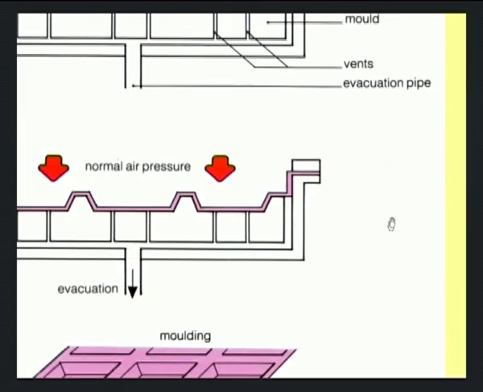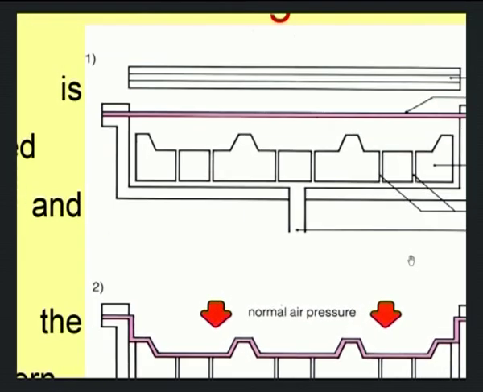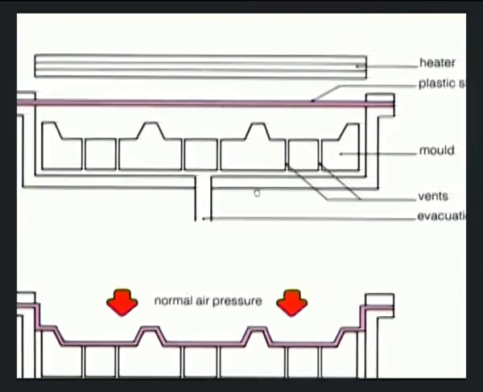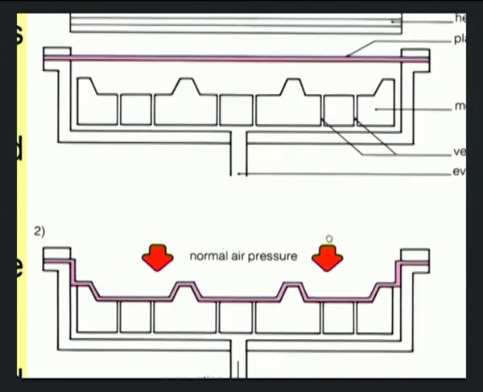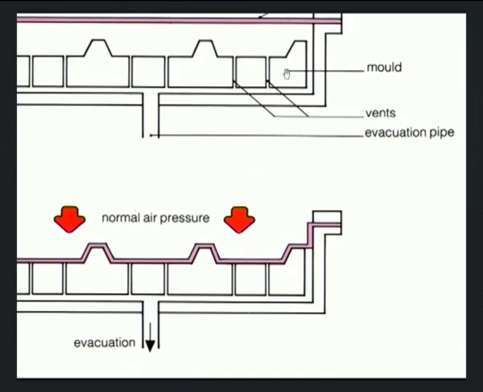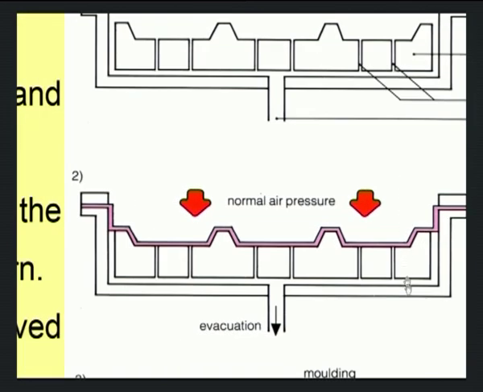So, in the first stage, the plastic sheet is clamped and then heating is provided. A heater will be on, and in such a way this plastic sheet would get softened. Next, the heater will be removed. So, this is the mold and these are the vents, and this is the evacuation pipe to release the air out.